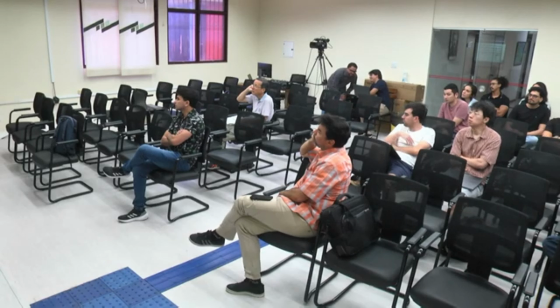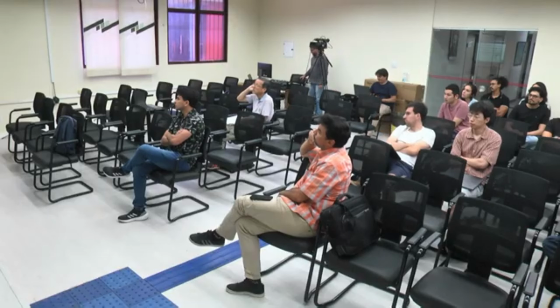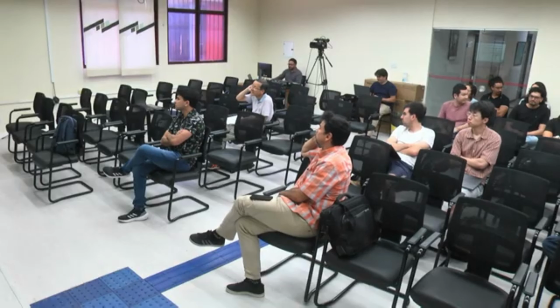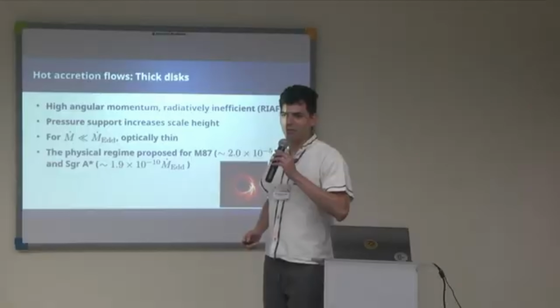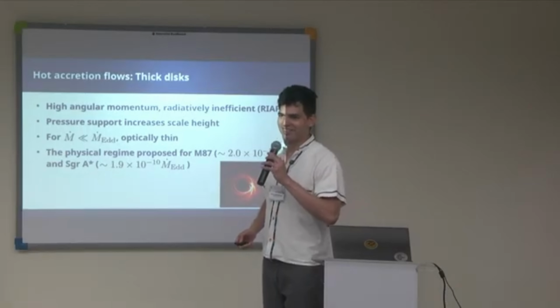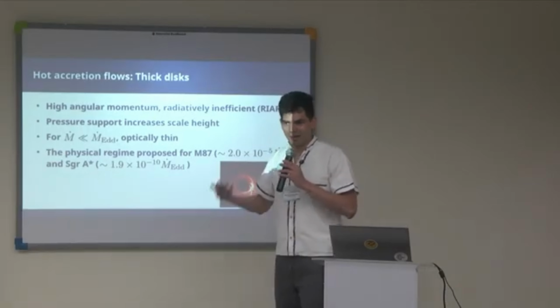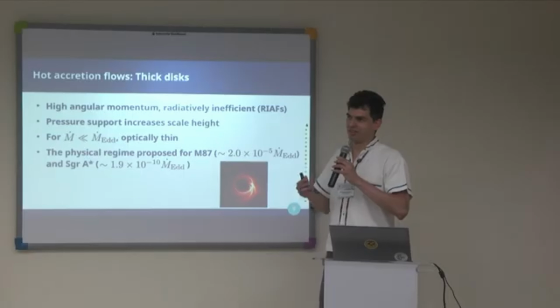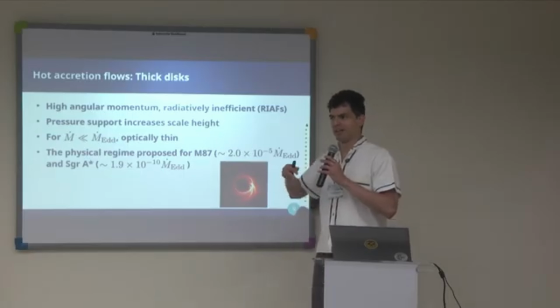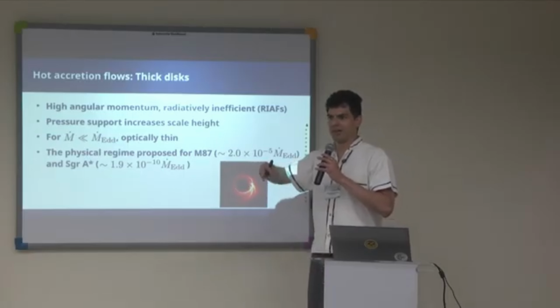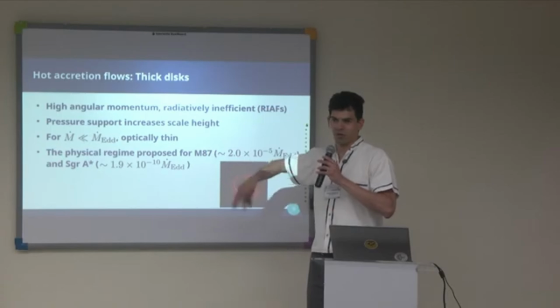There is a group of Wolf-Rayet stars that orbits Sagittarius A star. So these stars are very windy, and most of the accretion flow that gets into Sagittarius A star is supposed to come from these stars.